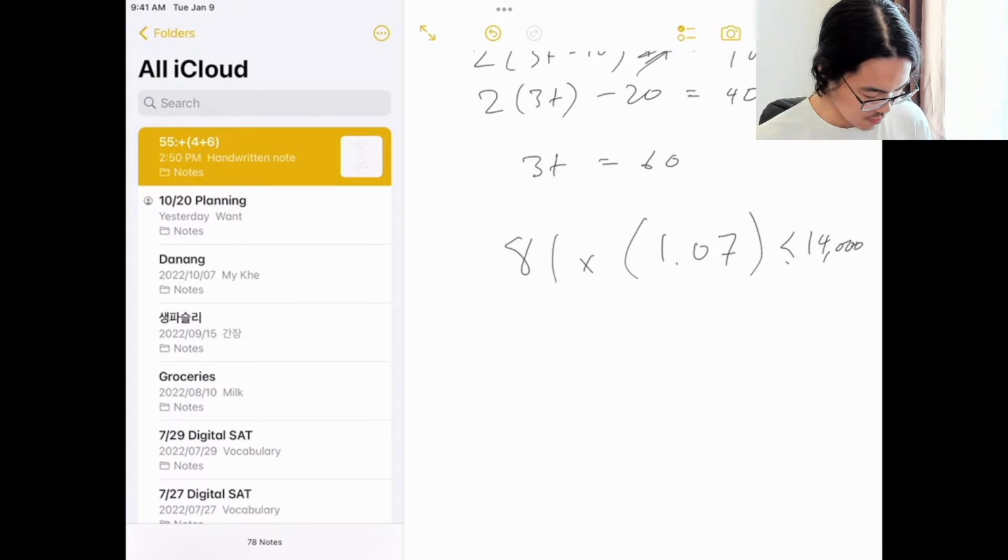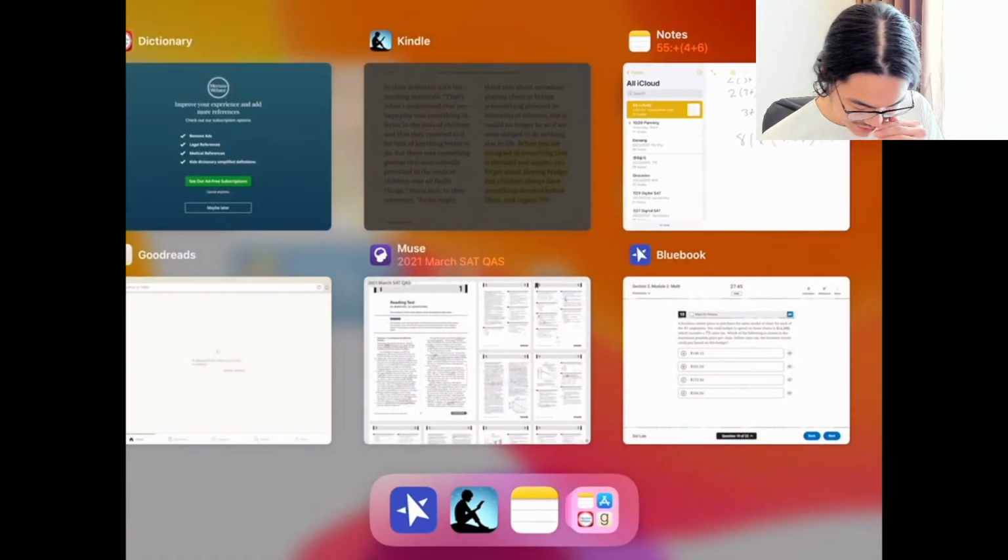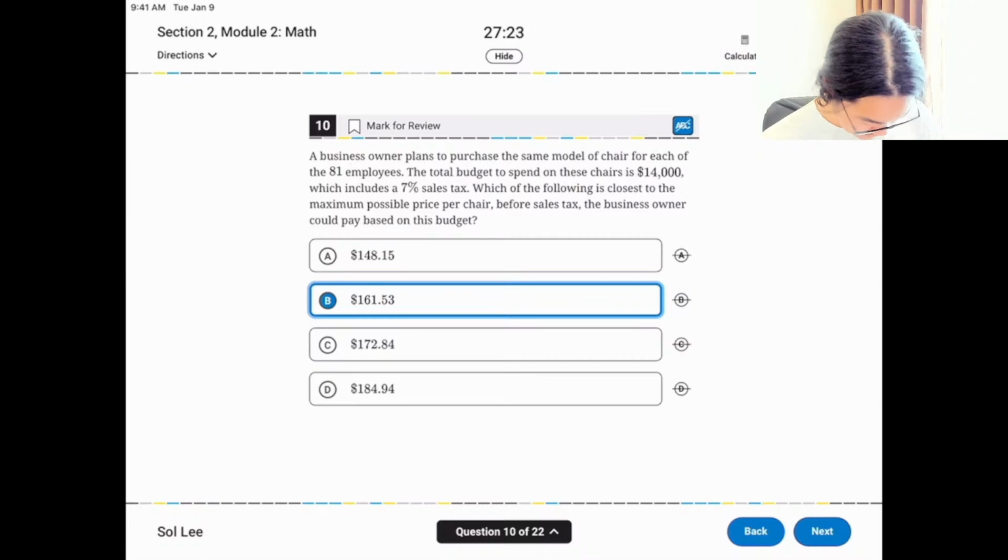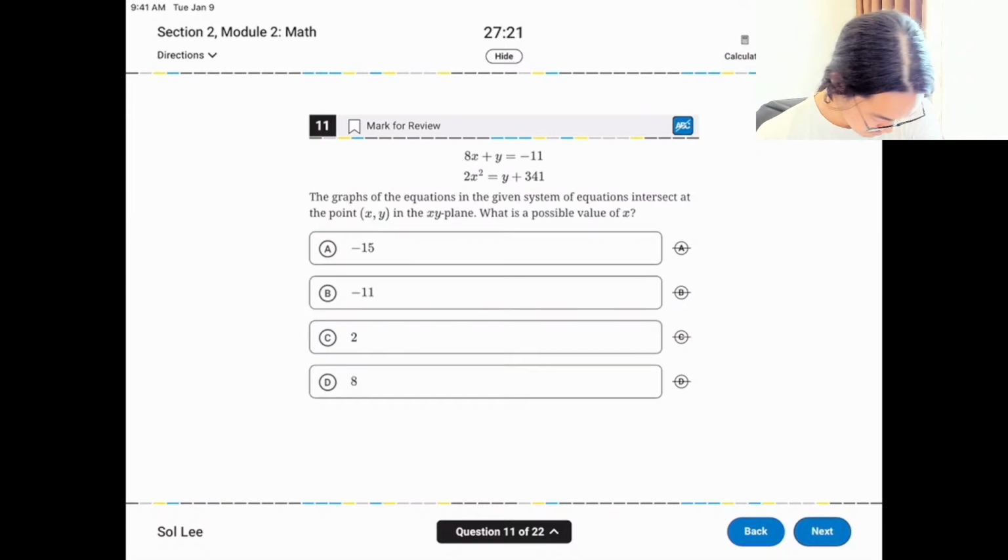God, I kind of wish the College Board would not require calculators. Divided by 81, divided by 1.07, so 161.53. Okay, the graph, those are some nice chairs.